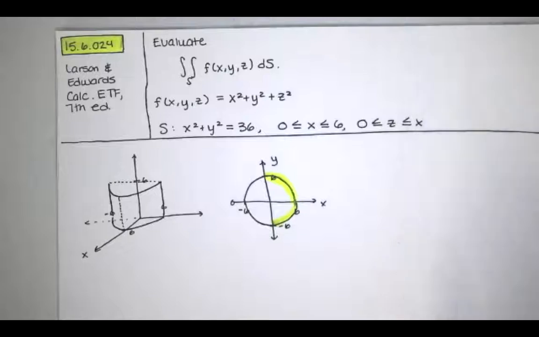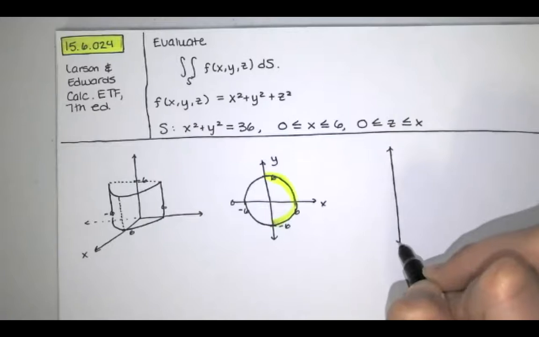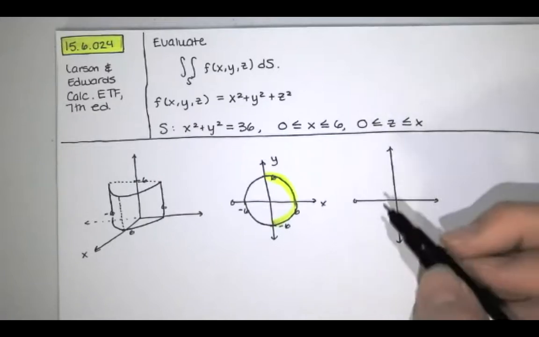But z doesn't range from 0 to 6. Z ranges from 0 to x. So we have to imagine taking this cylinder and intersecting it with a plane, and that plane is given by the equation z equals x. And we know that z is between 0 and x.